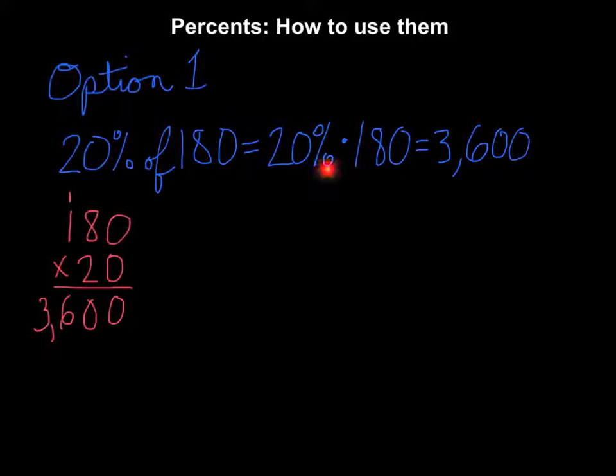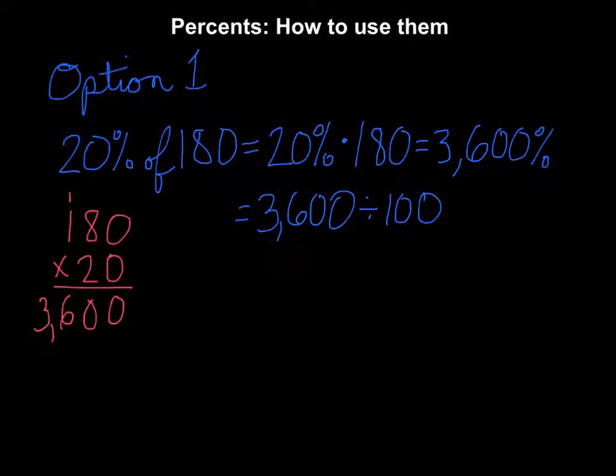Now, since I have not done anything to cancel out or get rid of this percent sign, it's going to tag along to that answer. Now, I am going to replace percent with what it means. So 3,600% means 3,600 divided by 100.